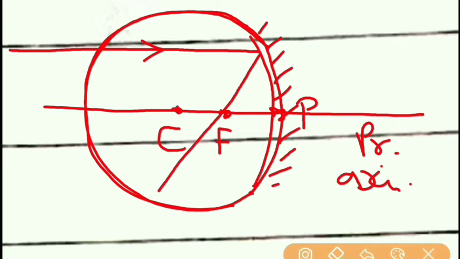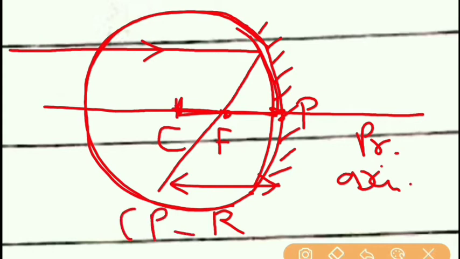The distance from the pole to the center of curvature, that is this distance, is called the radius of curvature because it is the radius of this spherical surface. So distance CP is equal to R, and the distance of this focal point from the pole, that is this distance FP, is known as the focal length of the concave mirror.